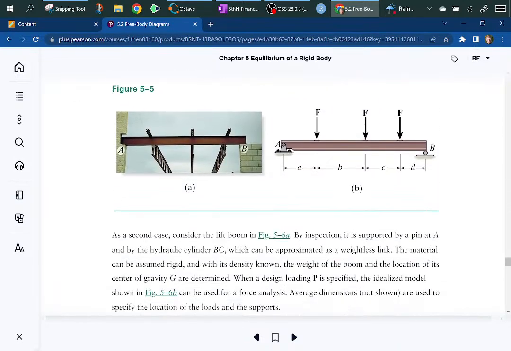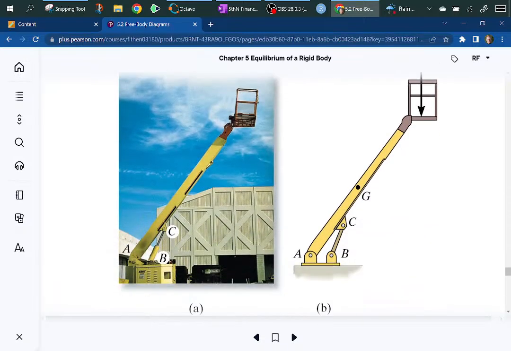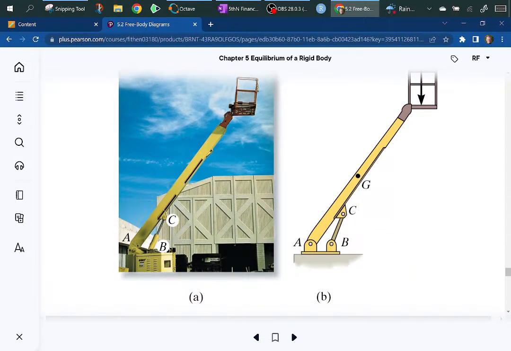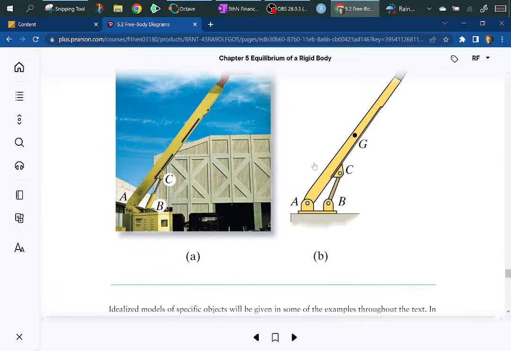Here he's got some beams, some trusses laid across the top, and the location of the little supports along there, at certain distances A, B, and C. So you take a physical structure, you can redo it like this. Here's your center of gravity right there.